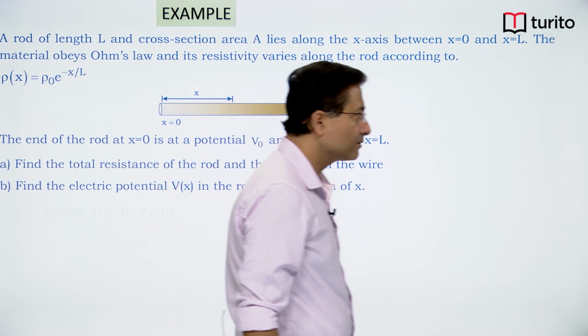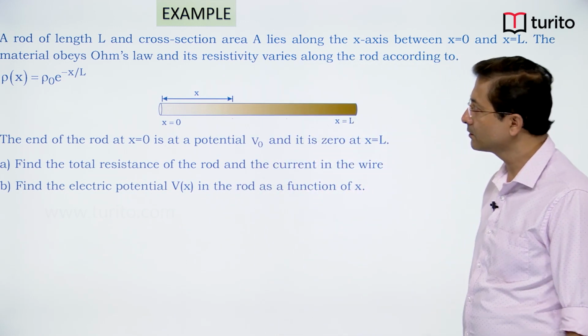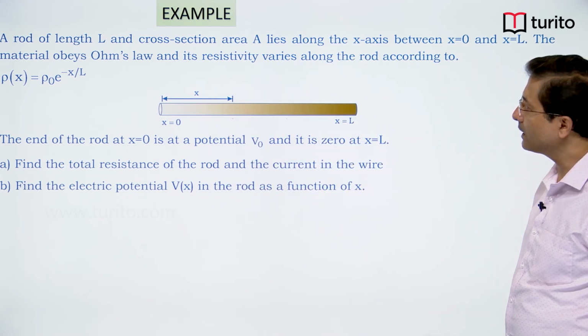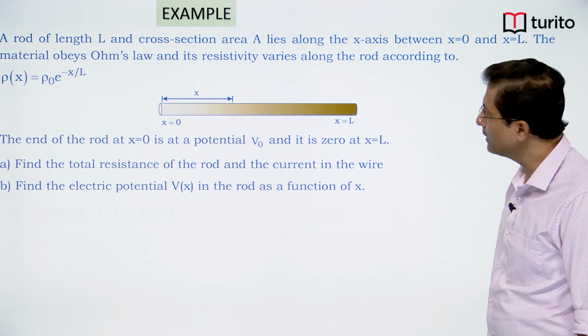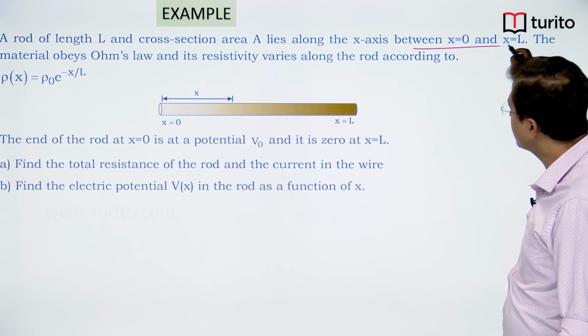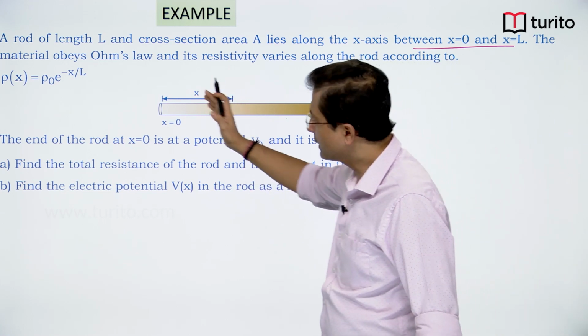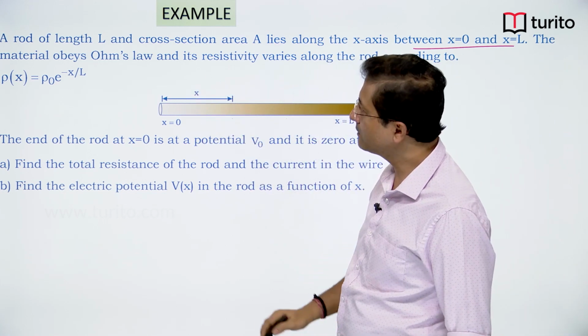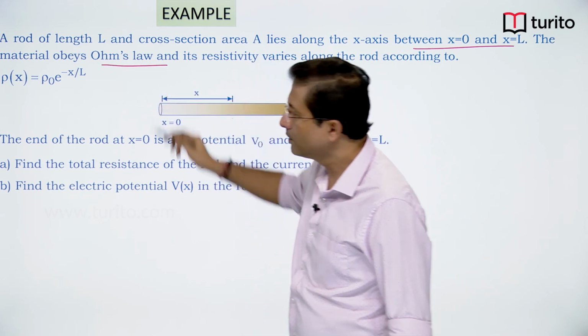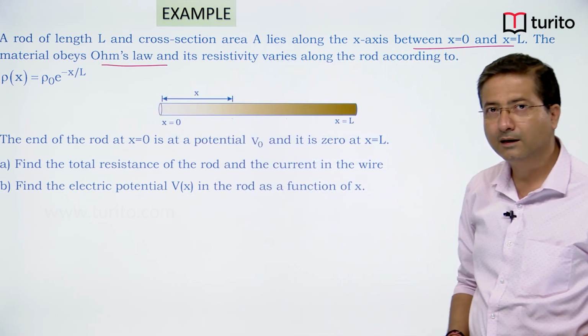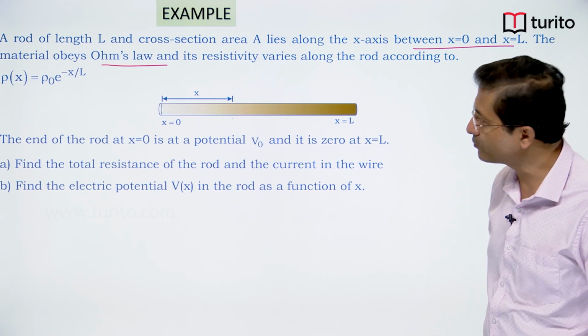You can read the question. A rod of length L, area of cross section A, lies along the x axis between x equal to 0 and x equal to L. It is given that the material follows Ohm's law, meaning the potential we apply and the current we get are directly proportional.